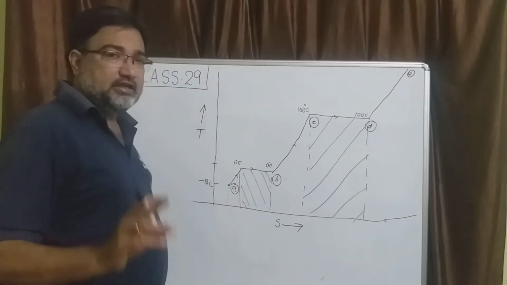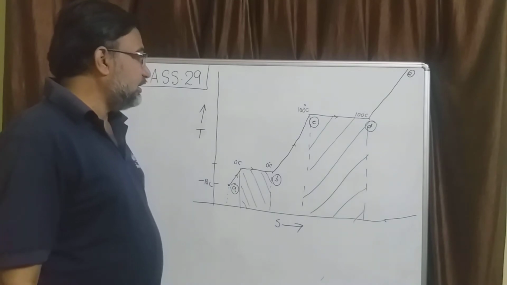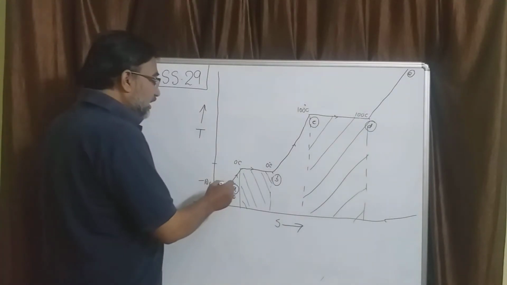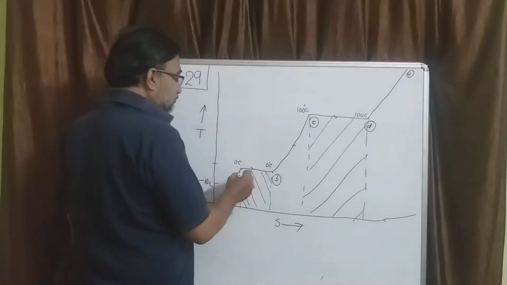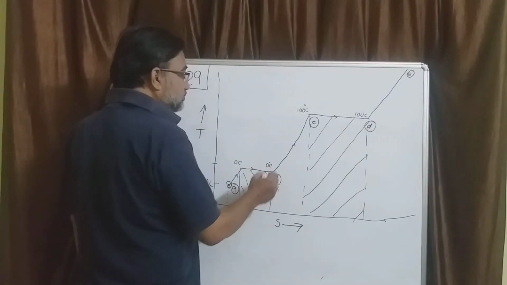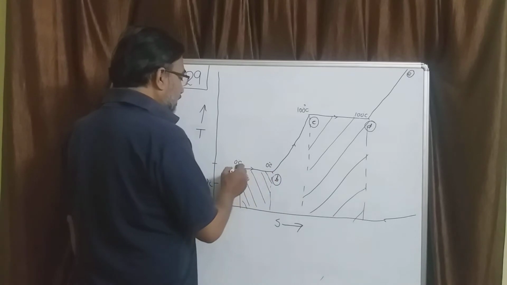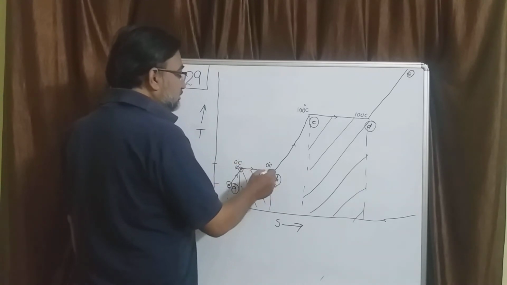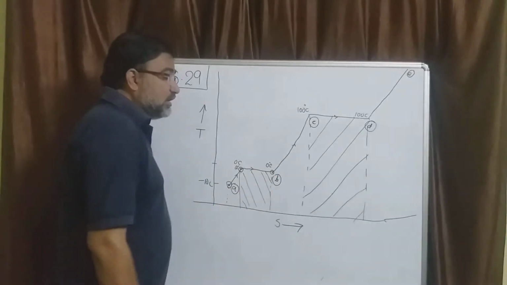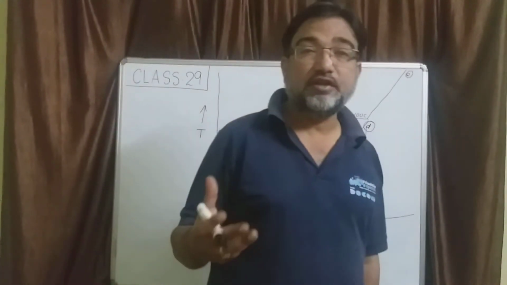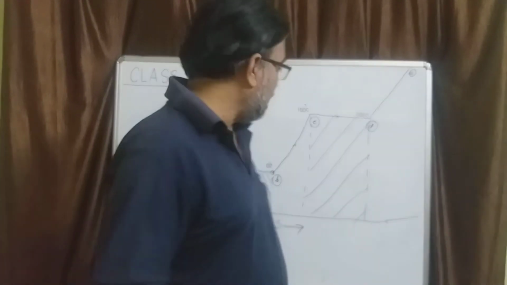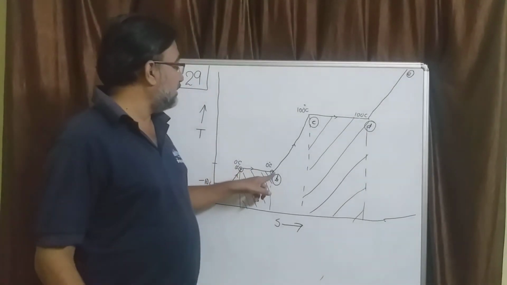Now another thing I want to point out here is that all these points we can name. For example, A is a solid point. Then B is a liquid point, and this is A1. These two points, A dash and B, are points at which the temperature remains constant and phase change starts at this point and ends at this point.